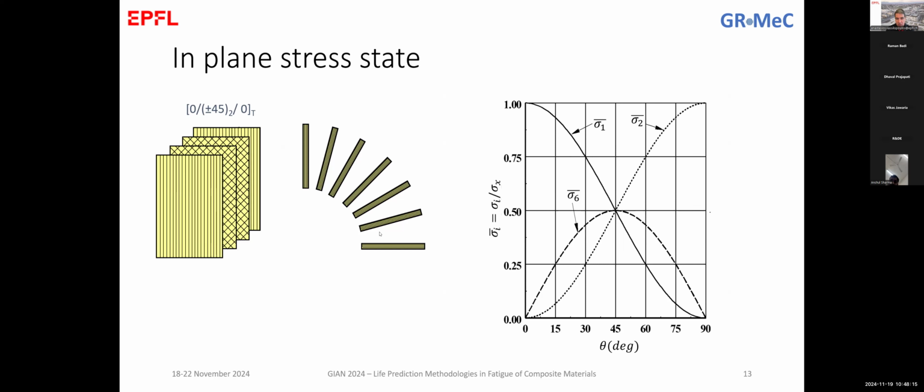The reason for this was that we call specimens tested on axis those with the fibers along the loading direction, and we have specimens that are tested off axis. When you have off axis specimens, depending on the off axis angle, you have a different combination of a plane stress condition.